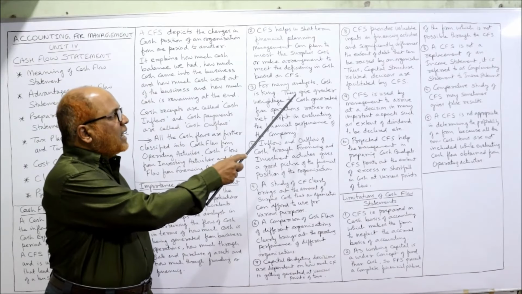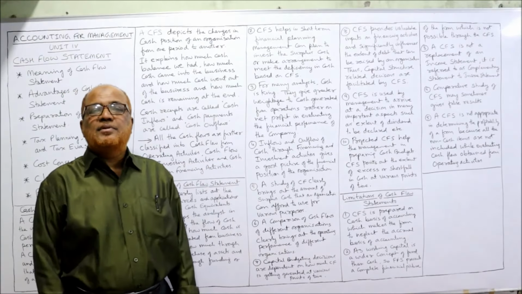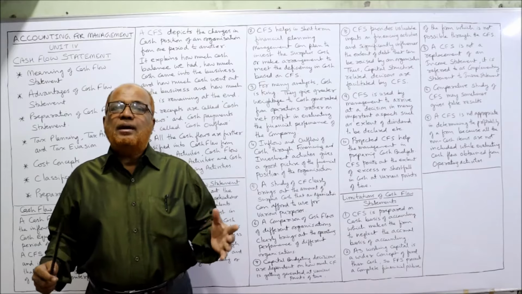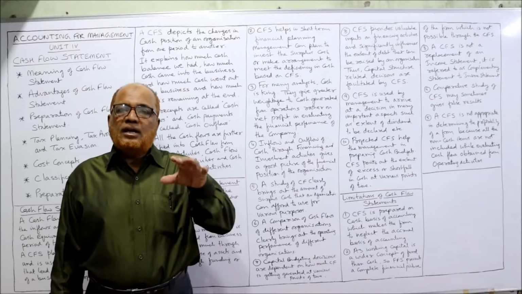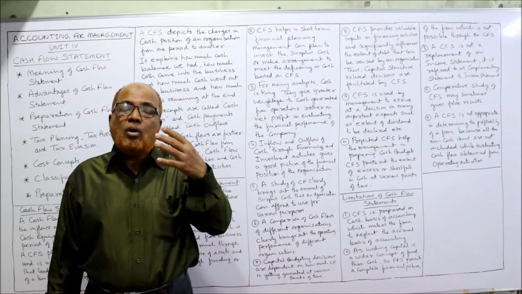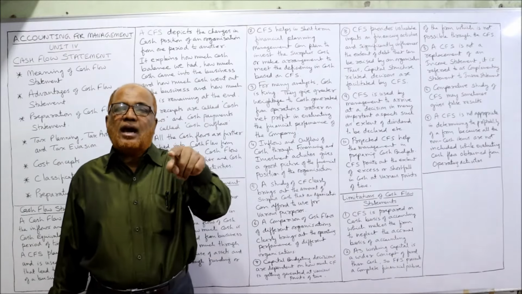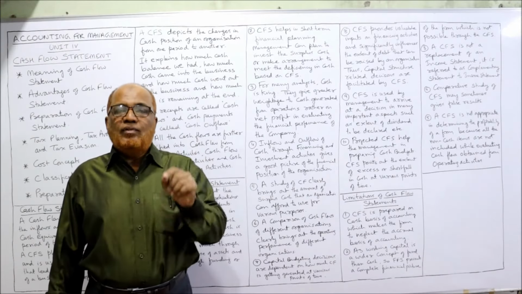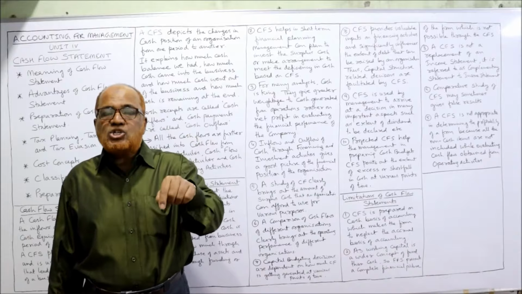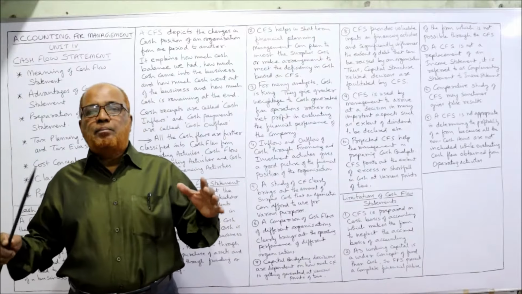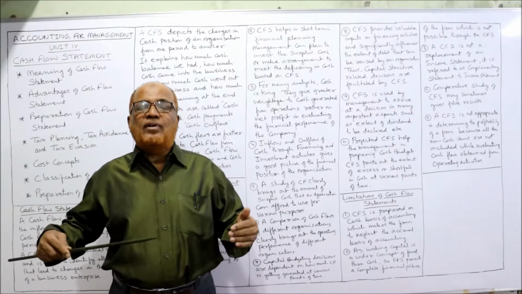Next, for many analysts, cash is king. See here, a decision maker will not rely much on profit, the decision maker will rely more on cash. That's why many analysts say cash is the king. We will give importance to cash rather than profit. There are many instances where a business is earning huge profit.